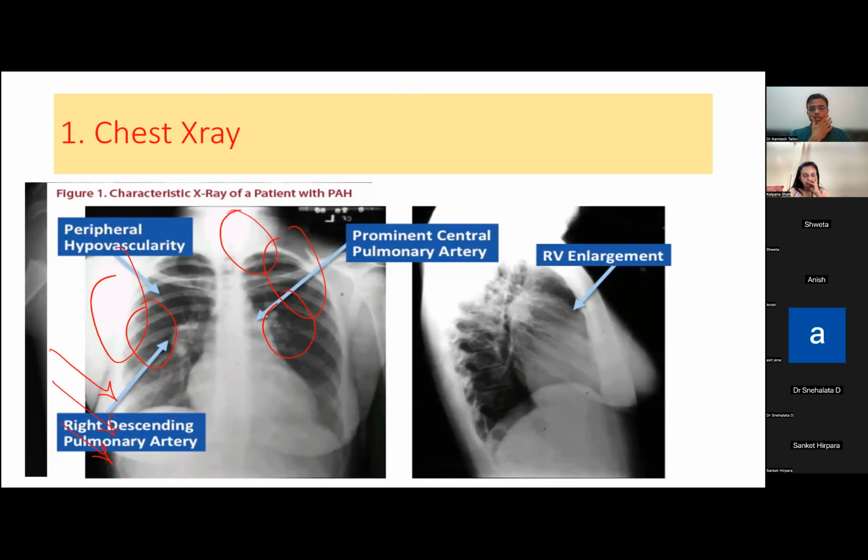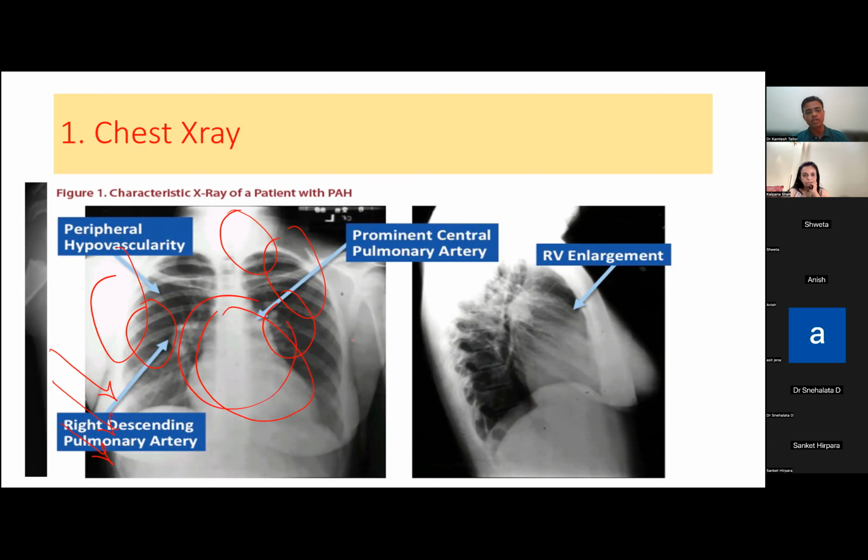But later on, if this patient comes with Eisenmenger syndrome, there will be changes in the X-ray. There will not be any cardiomegaly here. There will be peripheral pruning. That means the outer one-third or two-thirds of the lung area will be oligemic, and there will be prominent PA and pulmonary markings seen only in the central one-third.